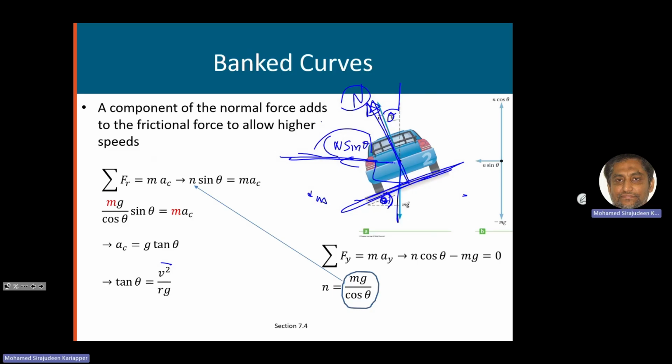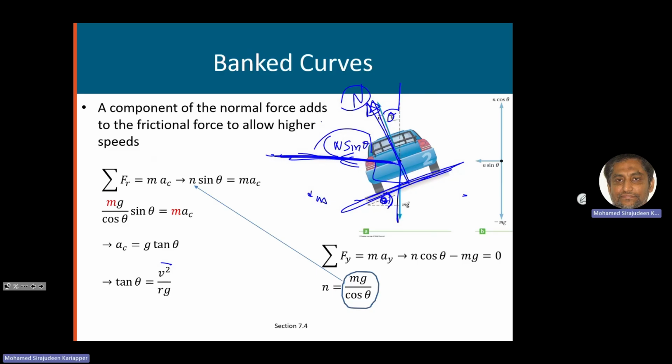How can mg help? The centripetal force direction must be this. This is the direction, because still it is making a horizontal circular path. But if suppose this is the road, it's like this, it is going like that. The hand is not moving, only the car is moving, but I need to move the whole hand. So the car is going like that.